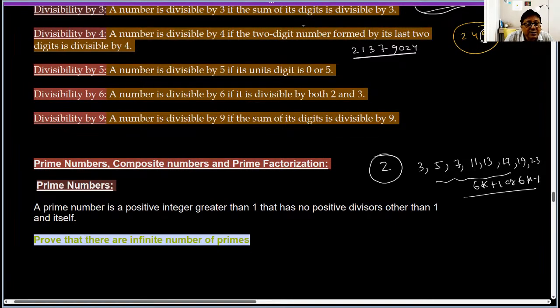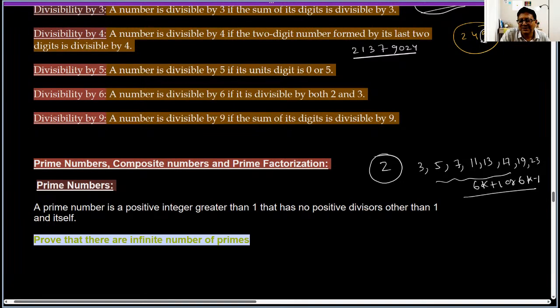Okay? Today's class I am not going to use Euclid's lemma to do all those things, because today we'll learn divisibility concept, little bit of prime number, composite number, prime factorization. What is prime number?